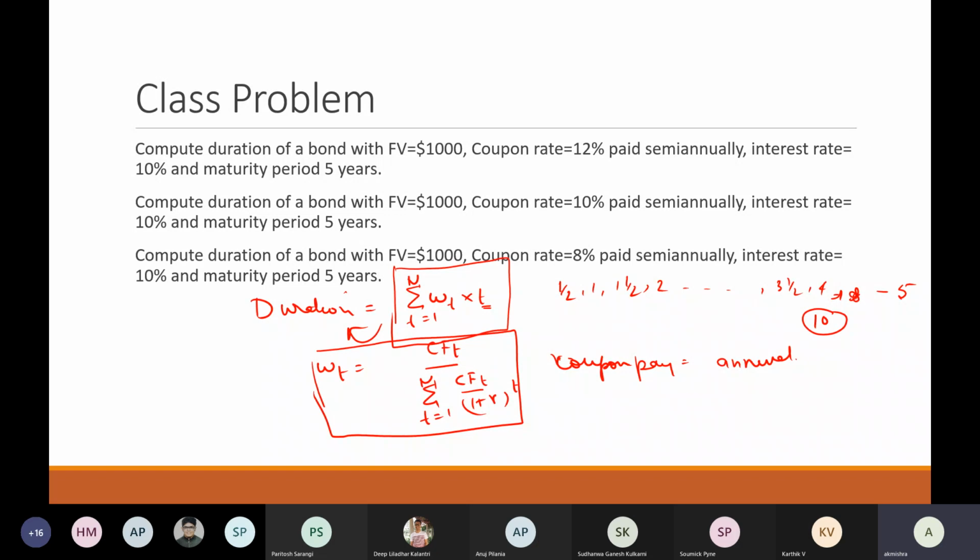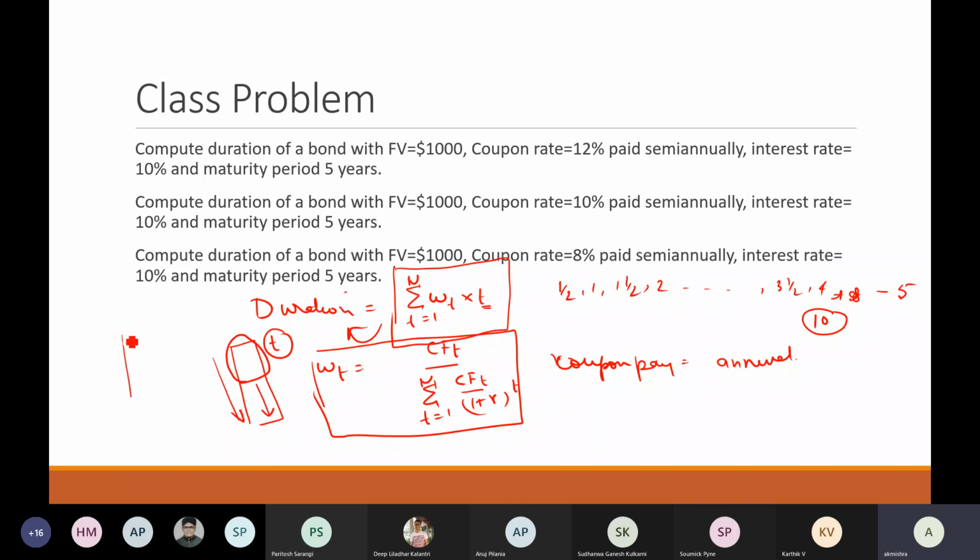So if you look at the formula, what it is saying is that duration is a function of two things: how your cash flows are spread across the time period, and your type of payment. Remember, if you have a bond where all the payments are in the initial period and none later, your duration is going to be less.